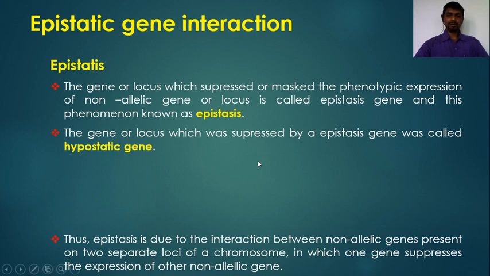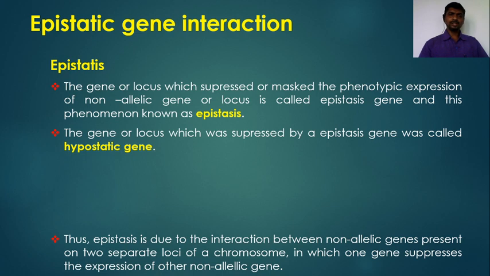In the case of complementary genes, the phenotypic ratio is 9:7, while in duplicate genes it is 15:1. In non-epistatic genetic interaction, none of the genes suppresses or masks the phenotypic expression of another gene. Here the genetic interaction is non-epistatic.